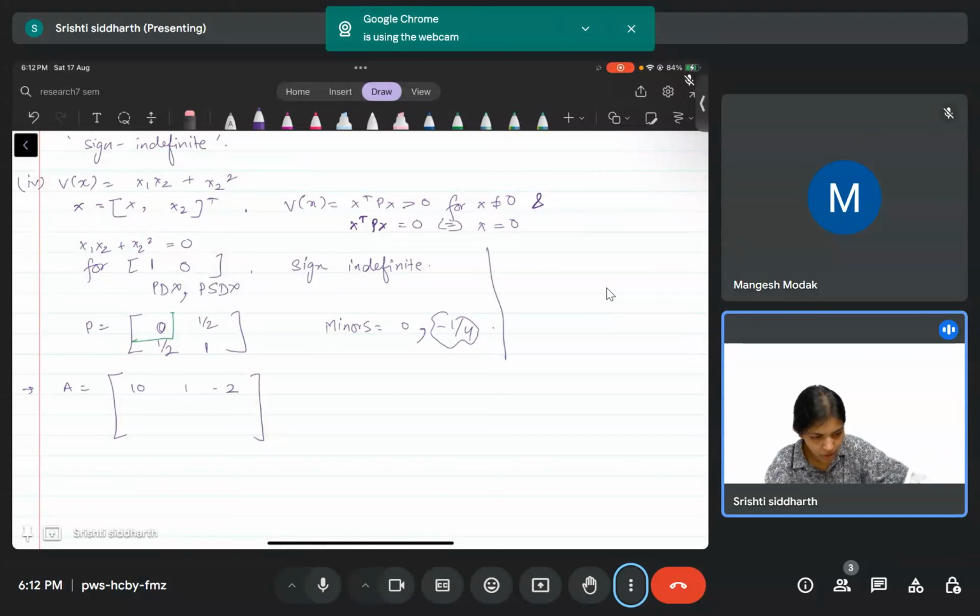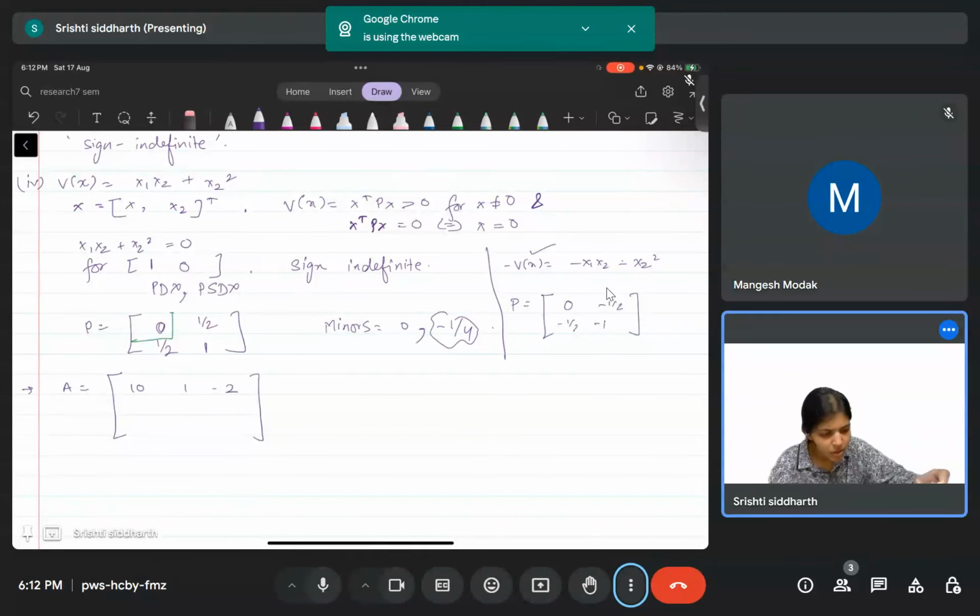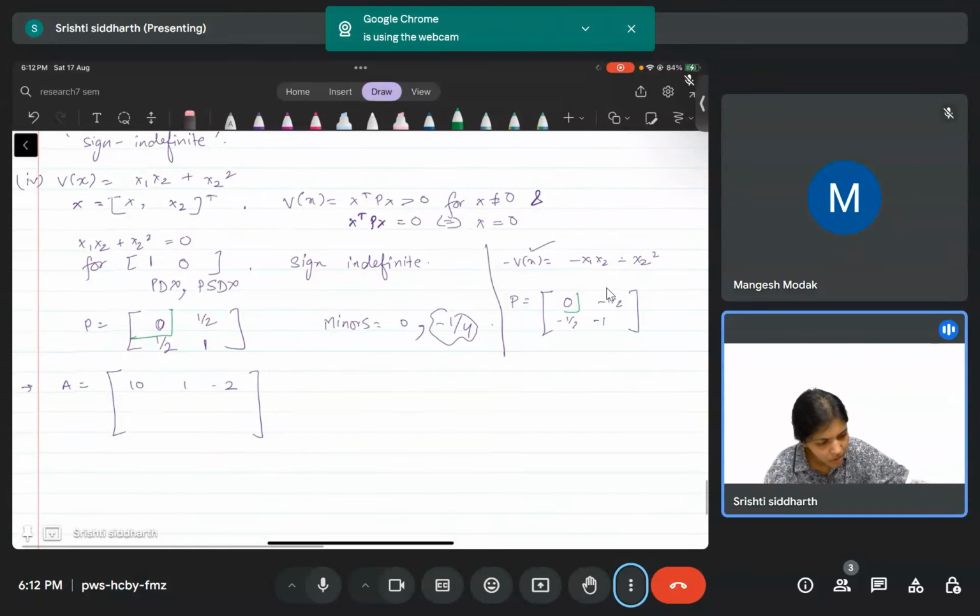Of minus V of x, minus x1 x2, then minus x2 squared. If this is negative semi-definite as we're claiming, then this should be positive semi-definite, right? In this case, the V matrix. Next one is, and what's the determinant?